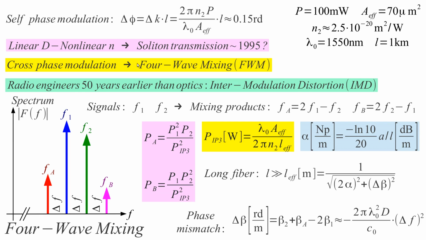Now, today, the real problem is cross-phase modulation, because cross-phase modulation causes four-wave mixing. This is a new term coined in optics, because radio engineers have been calling exactly the same thing for 50 years, intermodulation distortion. Intermodulation distortion is a nasty effect, because from two signals at two different frequencies, it generates additional signals at additional frequencies.